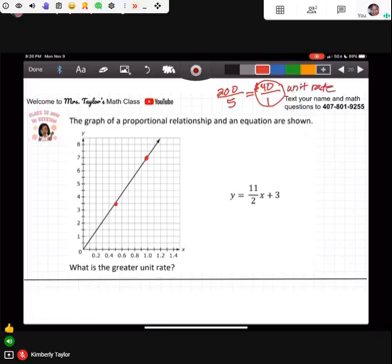So in this case, when I look at this particular dot here, the unit rate for this dot would be up 3.5, and then they went to the right to 0.5.